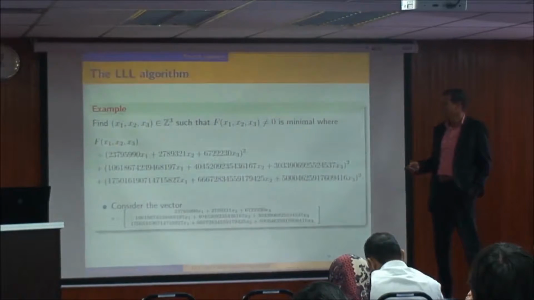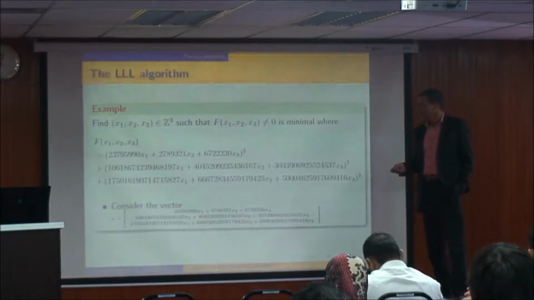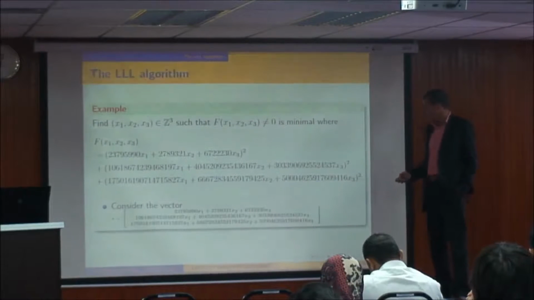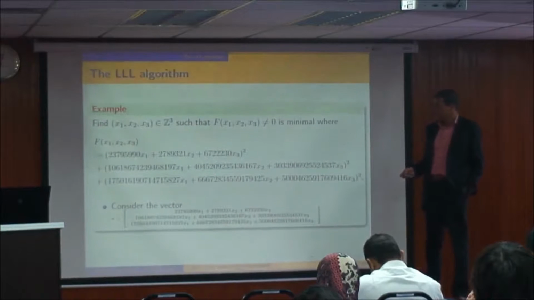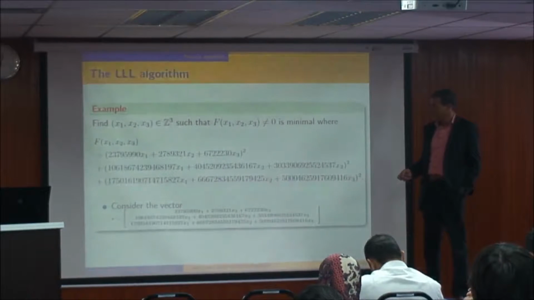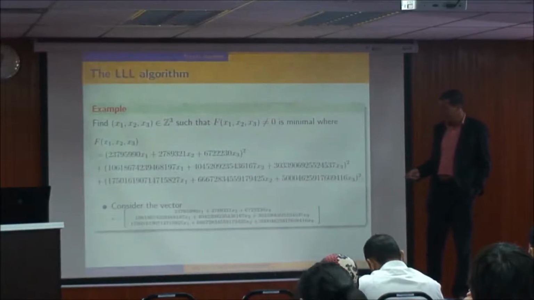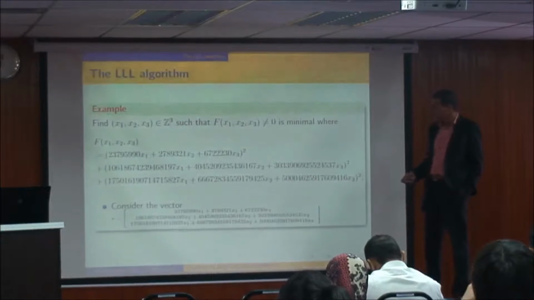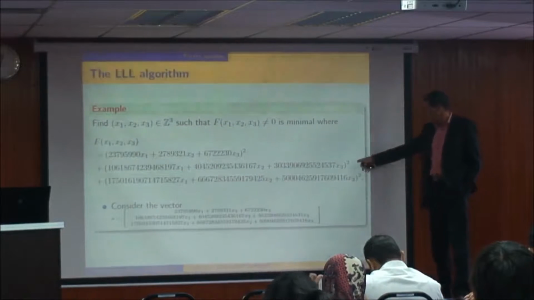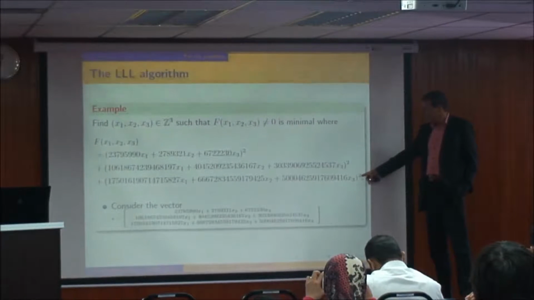So here we have a quadratic expression with three variables, x1, x2, and x3, and we have f of the three variables like this. This is squared here, and this one is squared here, and the next one is squared here.